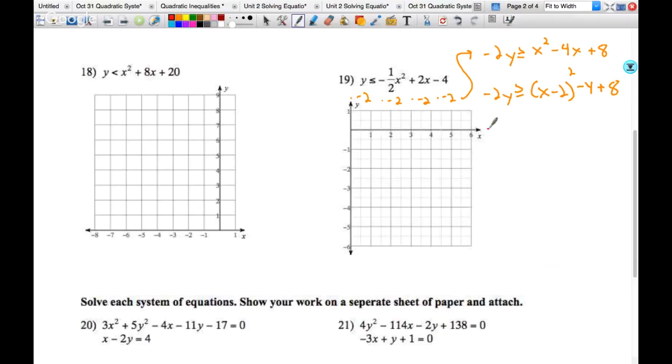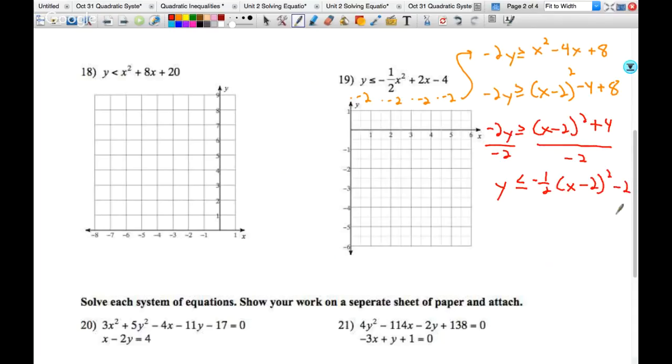I'm going to combine my like terms. -2y is greater than or equal to x minus 2 squared plus 4. Divide everything by -2. And I get that y is less than or equal to, so send it back, -1/2 x minus 2 squared minus 2.